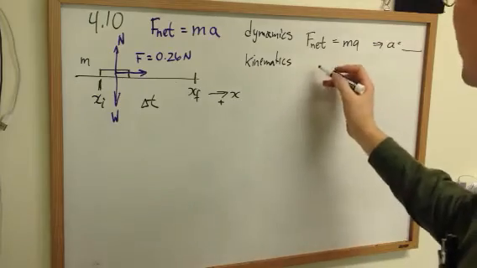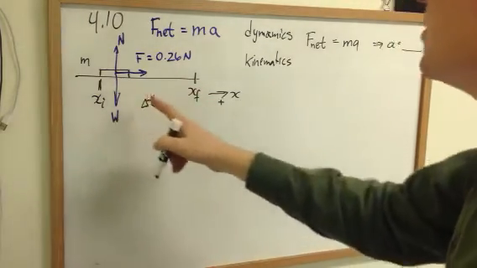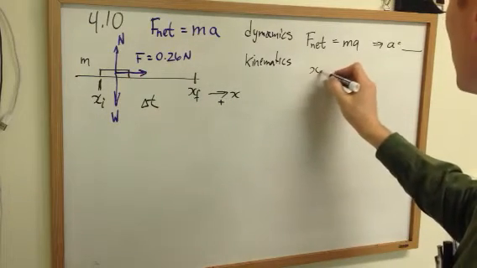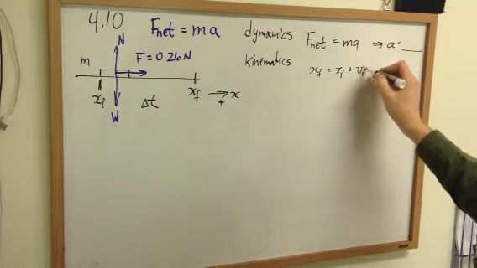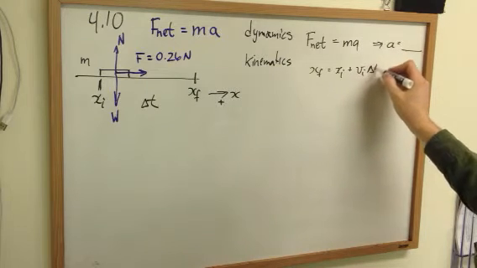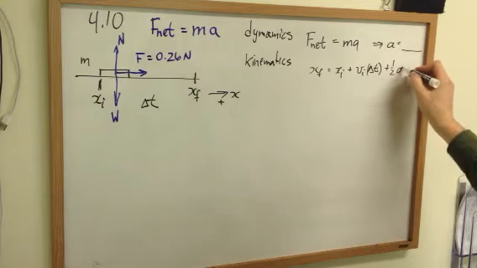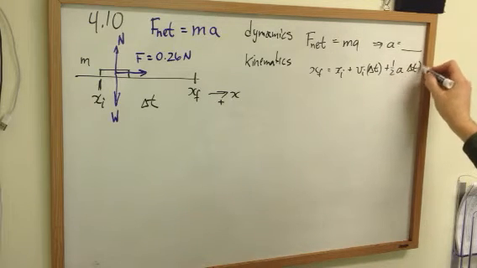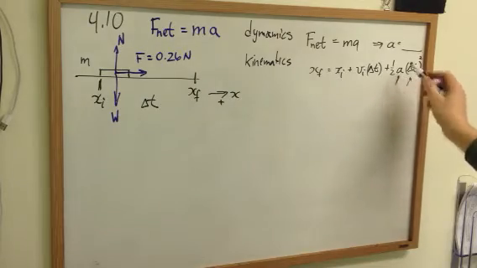So let's look for a kinematic equation that takes into account time, changes in position, and an acceleration. X final equals x initial, plus initial velocity times delta t, plus 1/2 acceleration times time squared. We know time, we know acceleration.